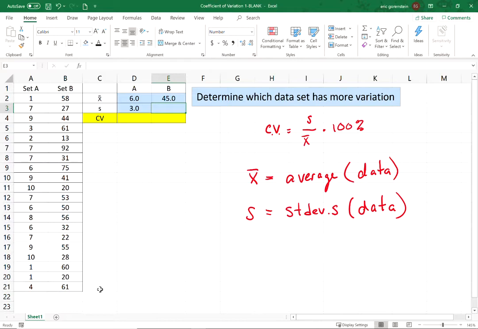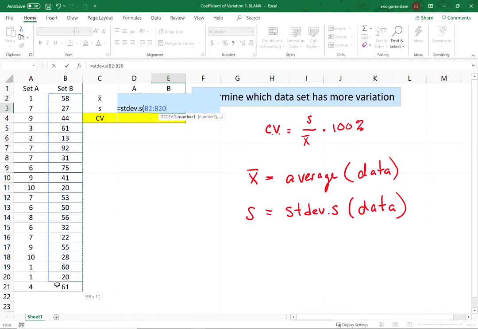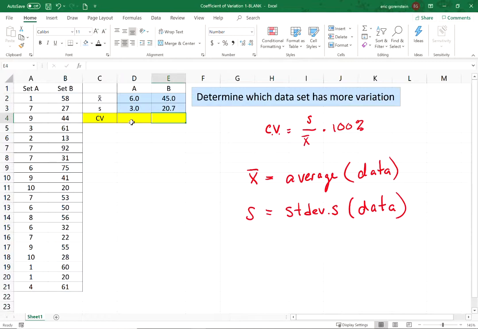Set B has a sample mean of 45. And the standard deviation, equal STDEV dot S, that's our sample standard deviation function in Excel. Let's highlight the data, B2 through B21. And set B has a standard deviation of 20.